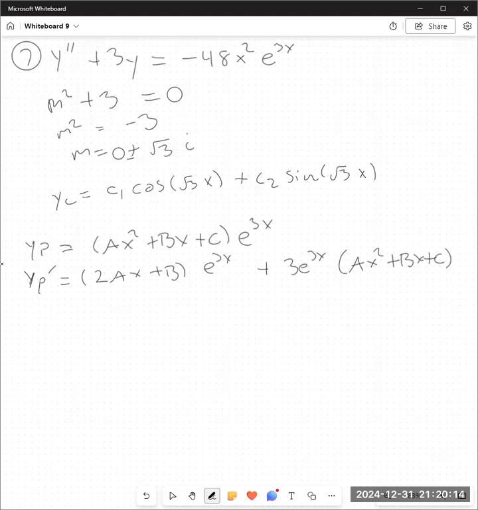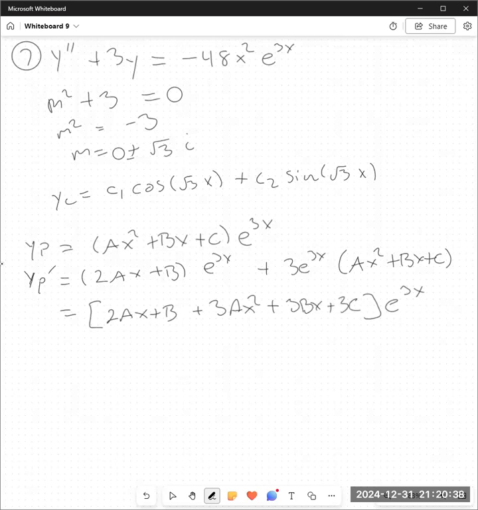That's my product rule. So when I add the pieces together, I get e to the 3x on the outside here, and I have 2ax plus b plus 3ax squared plus 3bx plus 3c.